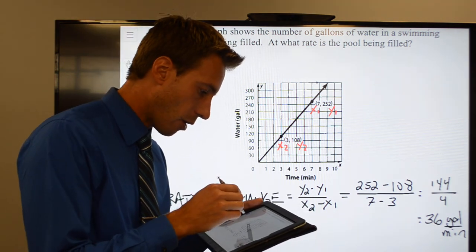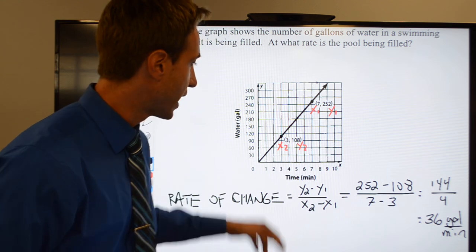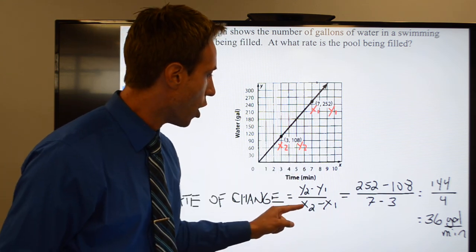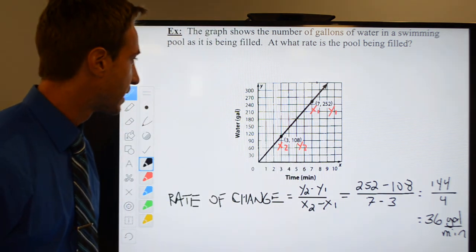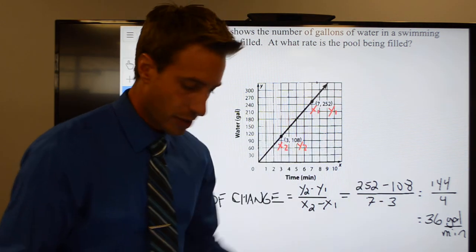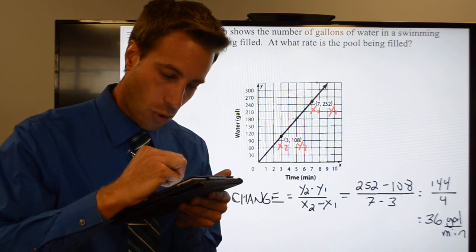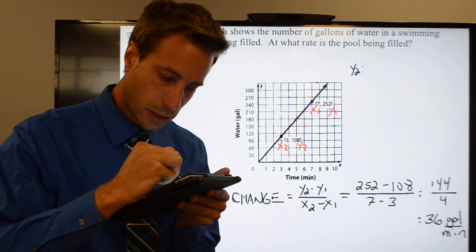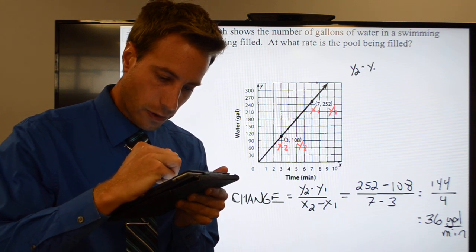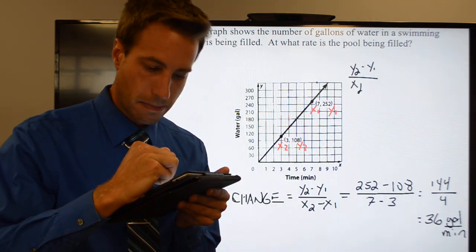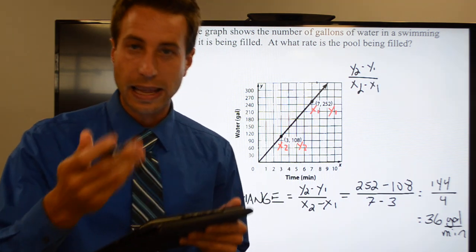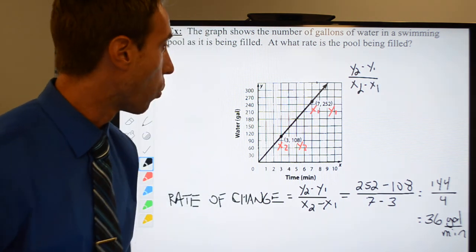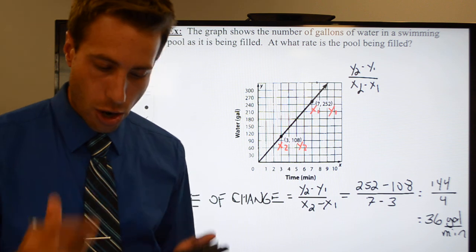We already know that in order to calculate rate of change, it's y2 minus y1 over x2 minus x1. So let me go ahead and do that right here. We're going to have y2 minus y1 over x2 minus x1. And let me plug in what I've got. Now my y2 is 108.